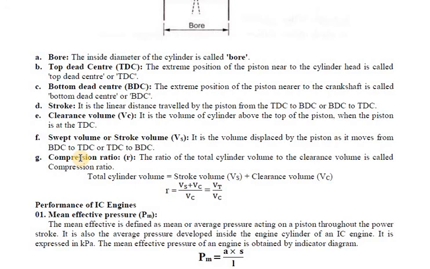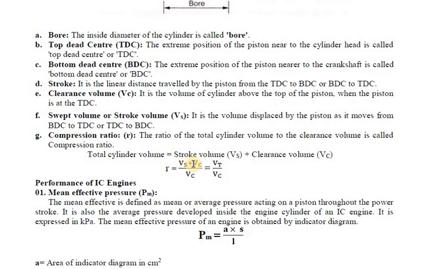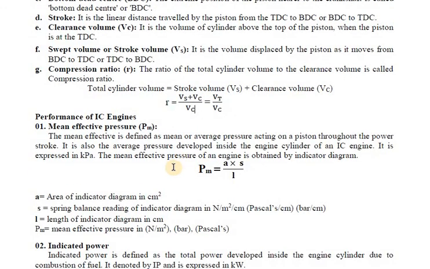Total cylinder volume means clearance volume plus stroke volume, together the total volume, divided by the clearance volume. So r = Vt / Vc. Here Vs is the stroke volume plus clearance volume Vc, which becomes the total volume, divided by the clearance volume. So this is about the compression ratio.